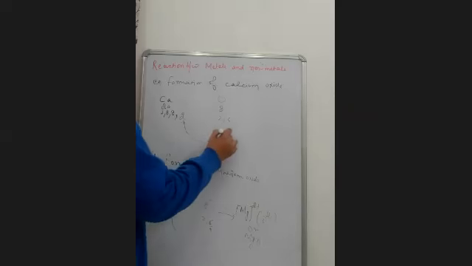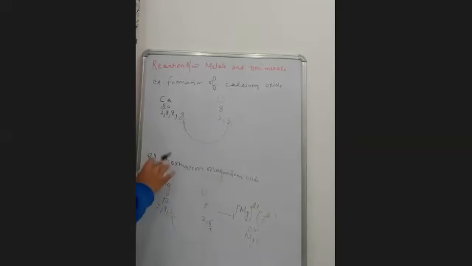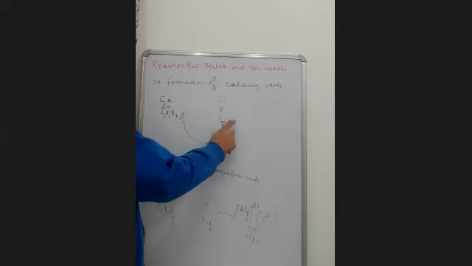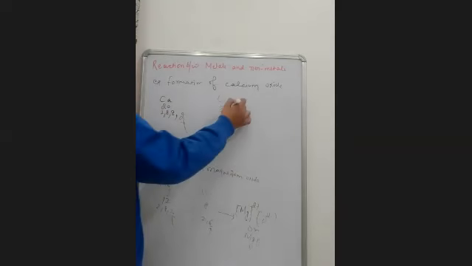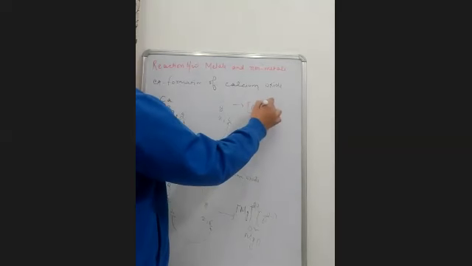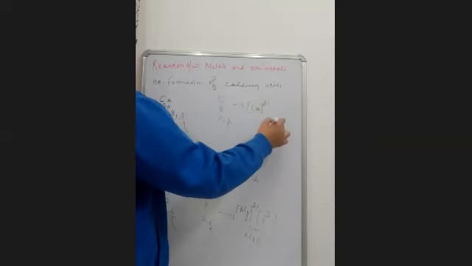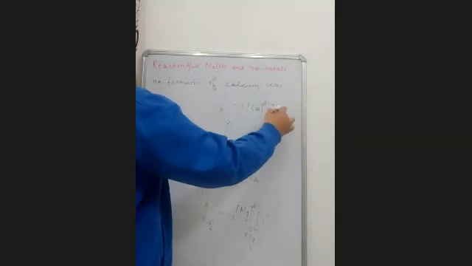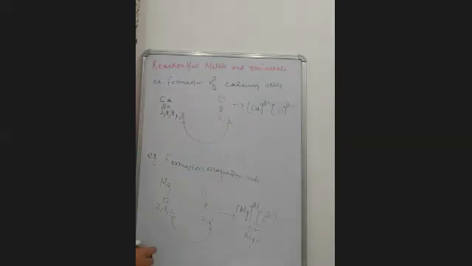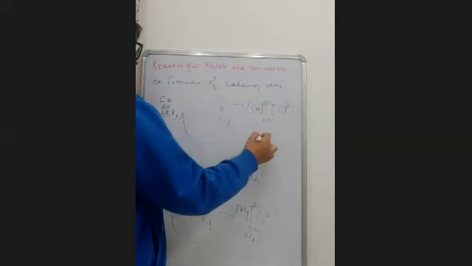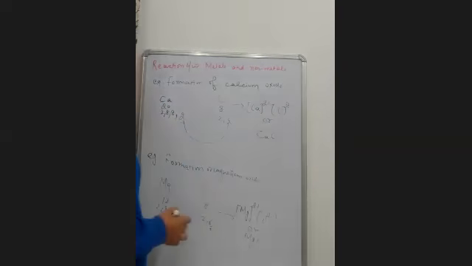So there is transfer of these 2 electrons from the valence shell of calcium to the valence shell of oxygen. As calcium loses 2 electrons, it will become Ca2+. As oxygen gains 2 electrons, it becomes 2 negative. Or we can write it as CaO. Right. तो हमने आयनिक बॉन्ड देख लिया.